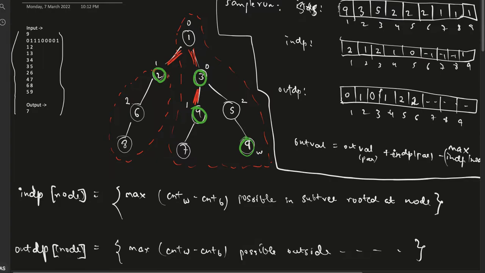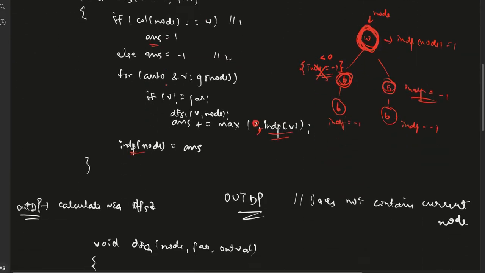So the way we handle this is when we use the values of out DP of node. So out DP of 2 is 2. That is, out DP of 2 would be the maximum count w minus count b possible in the whole of the tree minus the subtree rooted at 2.